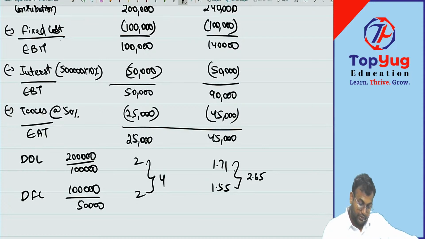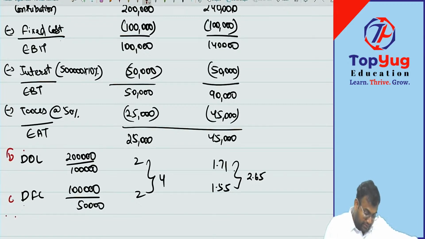Yes. So this is my second bit and this is my third bit. Okay, second and third bits we have got. Now we are supposed to do first and fourth.